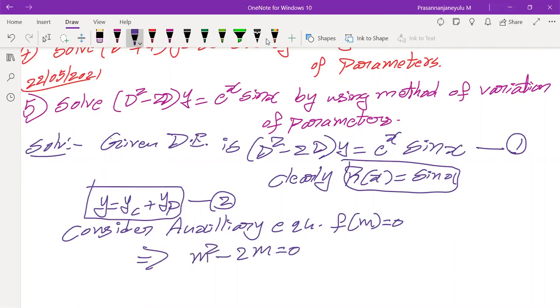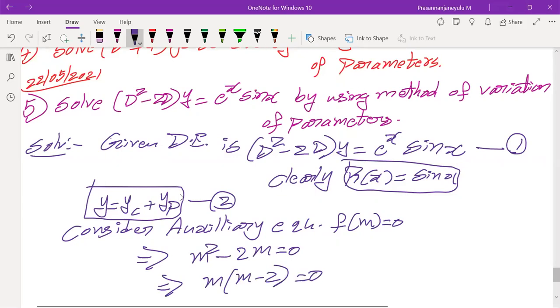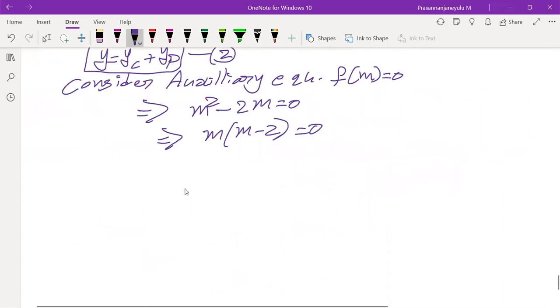From this, can we take m common? If we take m common, we get m into (m minus 2) equals 0. With this we can conclude m equals 0 is one root, and another root is m equals plus 2.